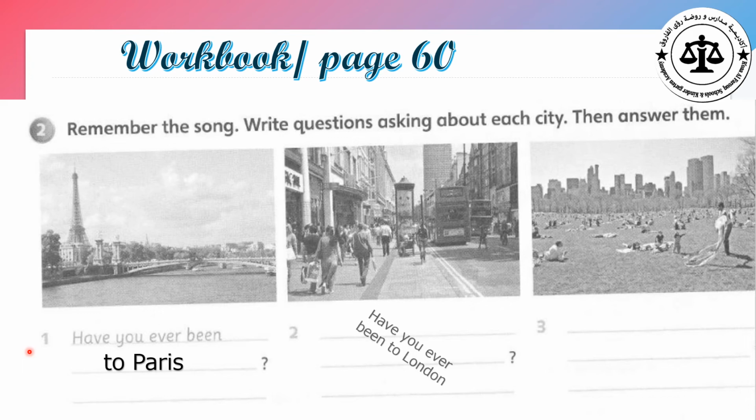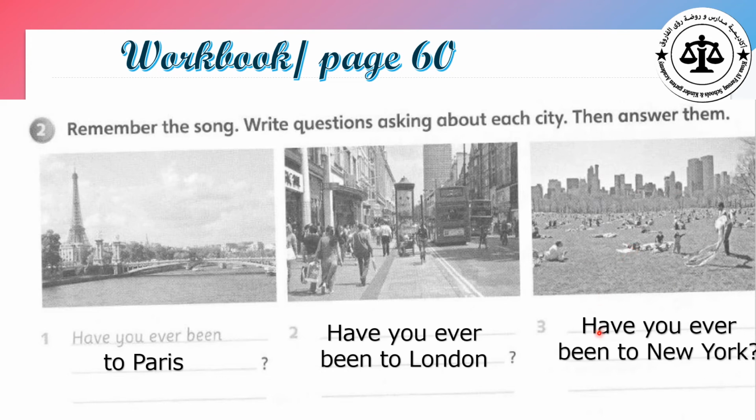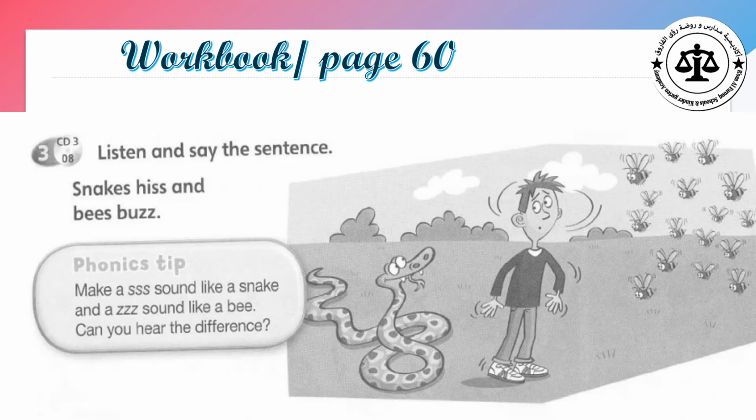You can say yes, I have, or no, I haven't. And picture number 2, this is what? London. So the question is, have you ever been to London? And the last one, this is what? Yes. So New York, have you ever been to New York? These are the questions, and recognize the form of present perfect with ever.